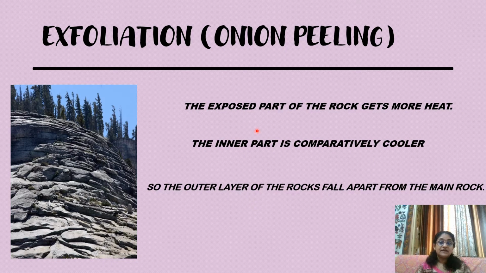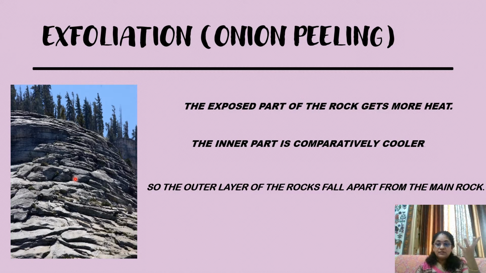Now how does this happen? I'll tell you. See, the exposed part is the outer layer. The outer layer is exposed to the heat. When it is exposed to heat, the minerals inside the rock expand. You know, in science we have studied that when things are heated, they expand. So in the same way, when the sun's light falls on the upper layer of these rocks, the minerals that are present inside the rocks expand.